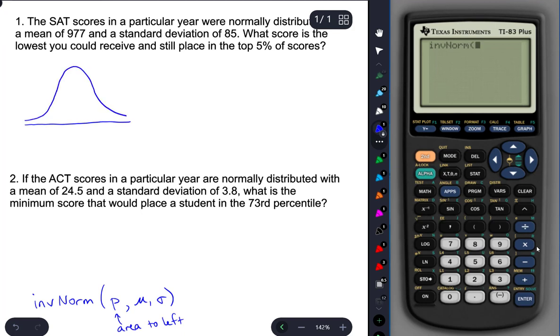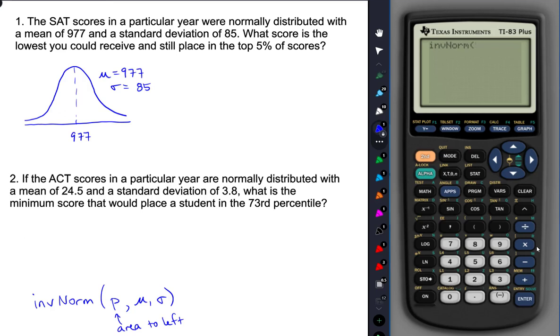That visual representation really helps you get a place to begin the problem. We need to know for any normal distribution the mean of our population, that's given, and also a standard deviation, which is given.